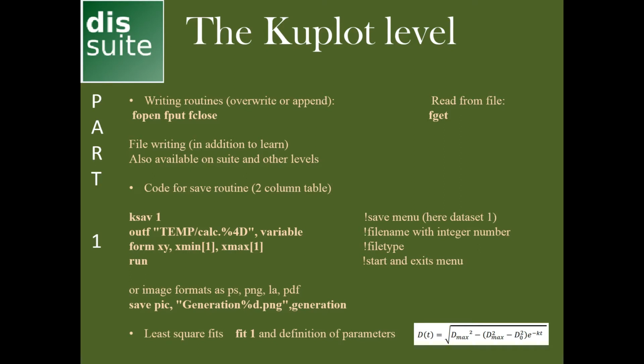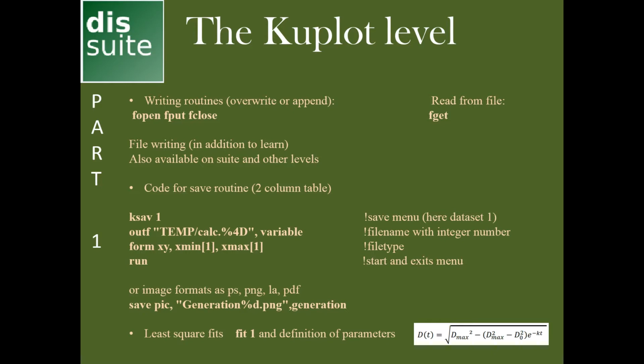So you can write variables into these file names, of course. Then you can choose your file format, which is in this case a 2-column format, so an XY file. You can also change it to a KNUPLOT file or ASCII file or something like that, and then run this block. You also have options to save pictures, so the plots you have created in KUPLUT, as, for instance, a PostScript file, PNG files, or even PDFs are viable.